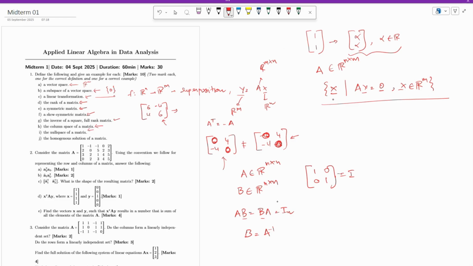That's the definition of the null space. Right? For an example, you could have just given this. If this is my matrix A, then the set of all vectors of this form is the null space. Because if I multiply, this is A, this is x. If I do Ax, I'll always get 0.